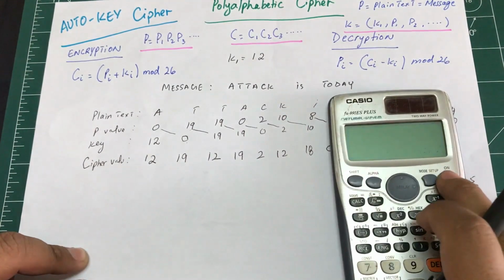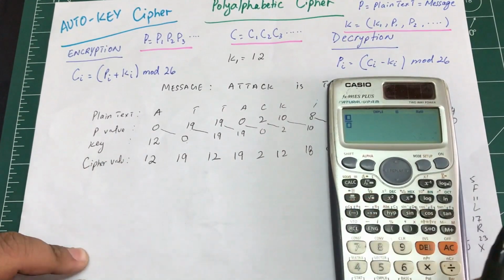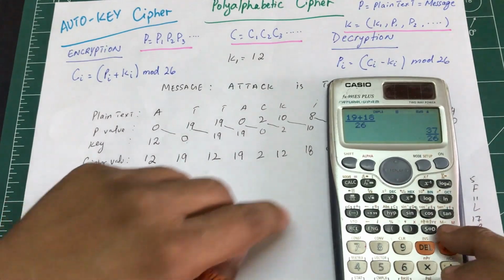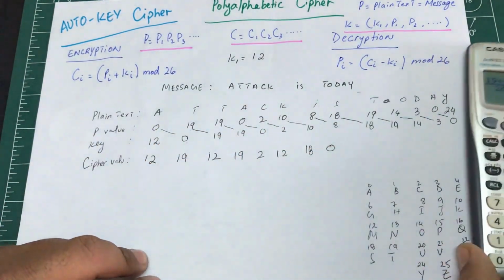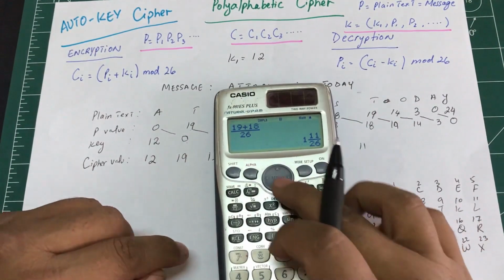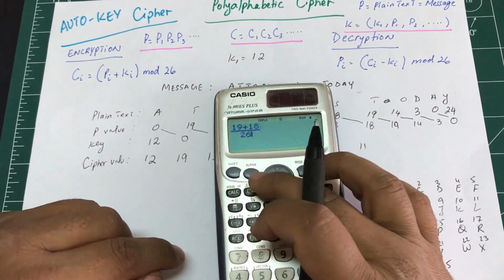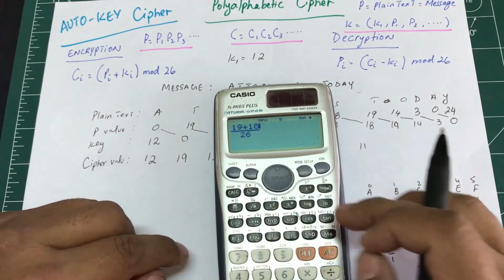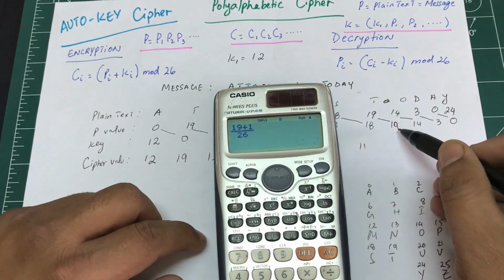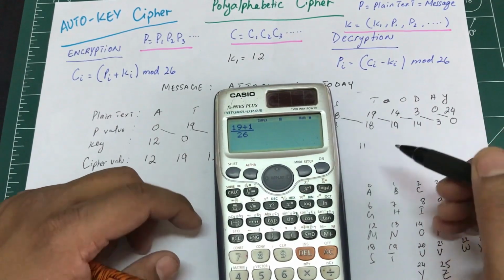So 19 plus 18, divided by 26, shift SD. That would give me 11. 19 plus 12. So 19 plus 14.